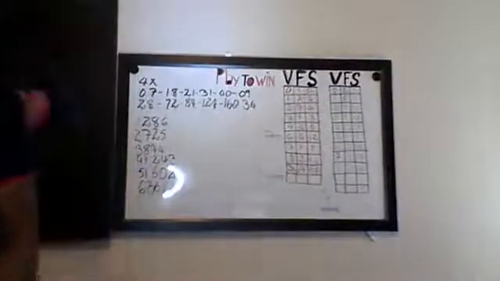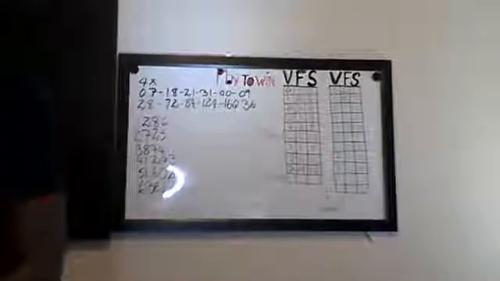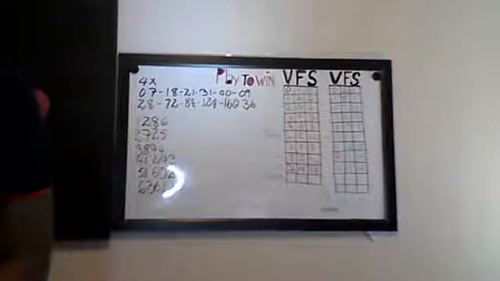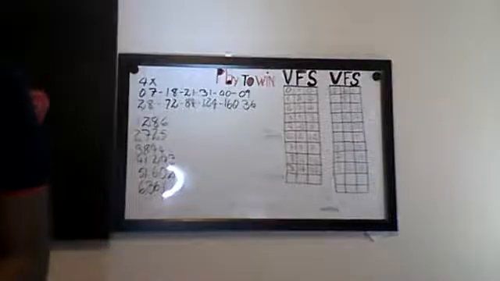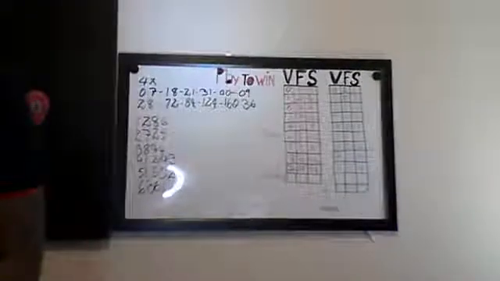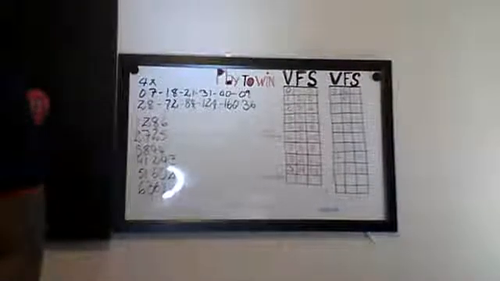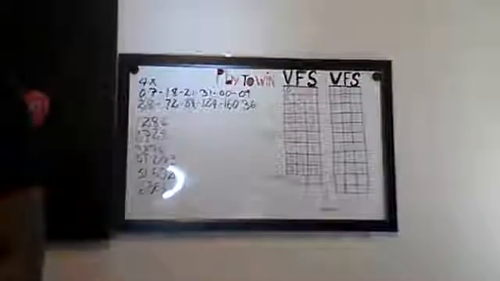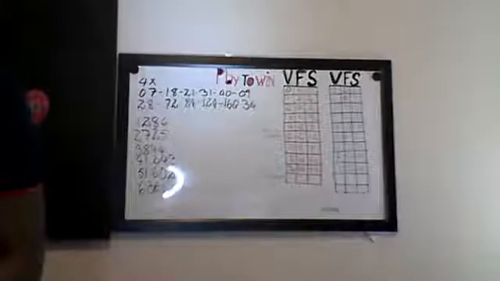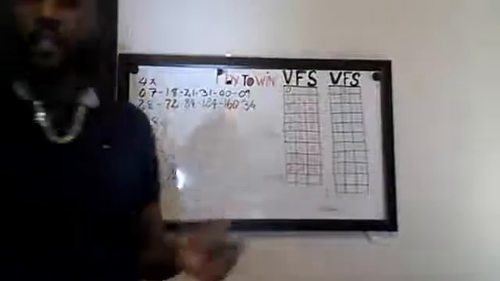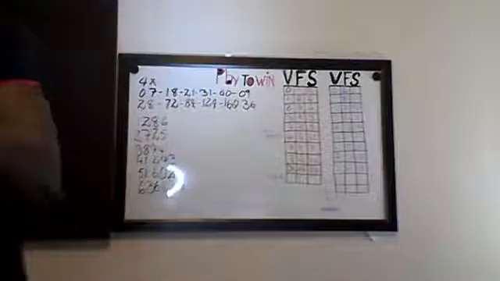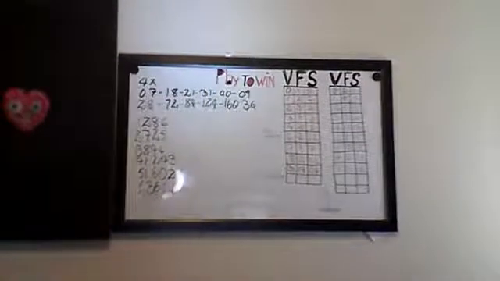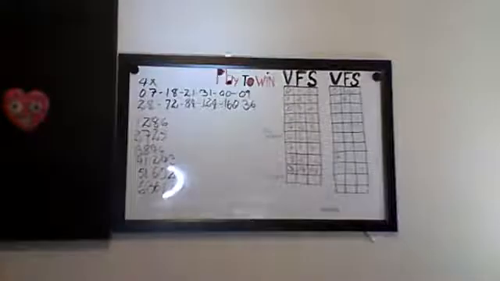V stands for value, F for frequency, and S for sum. That's how the formula goes.